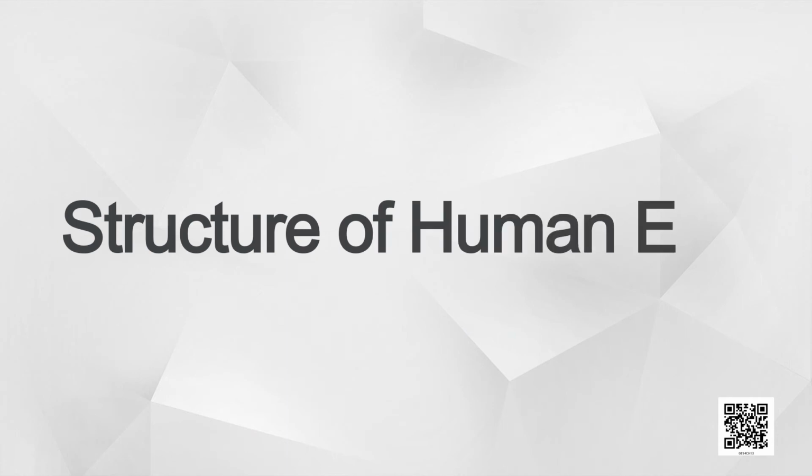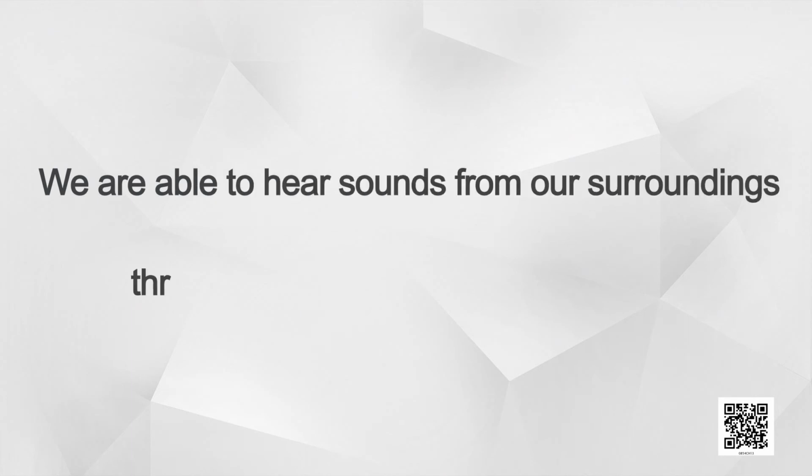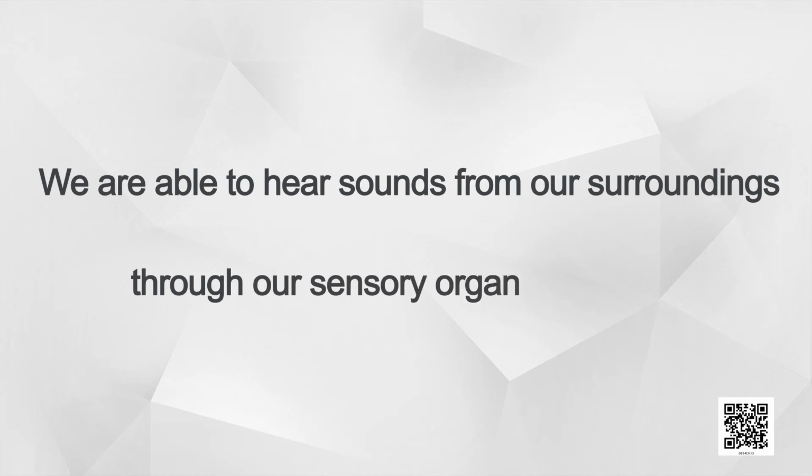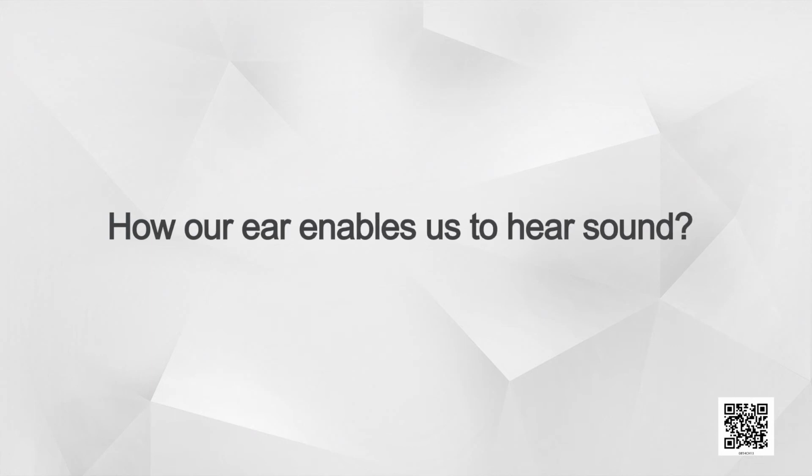Structure of the human ear. We are able to hear sounds from our surroundings through our sensory organ called the ear. How does our ear enable us to hear sound? Before this, let's perform one more activity.